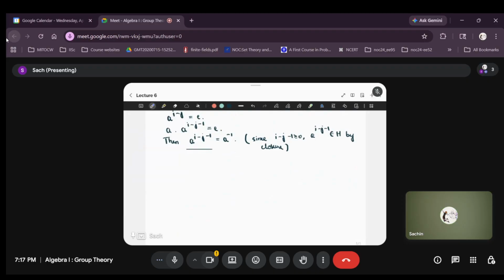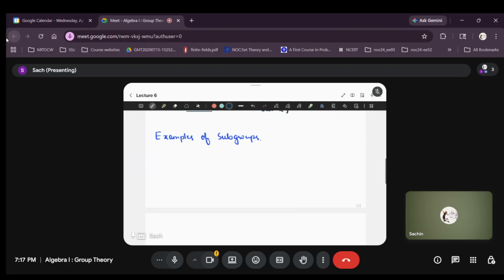Then we'll see some important examples of subgroups. Before that, we'll give some notation.